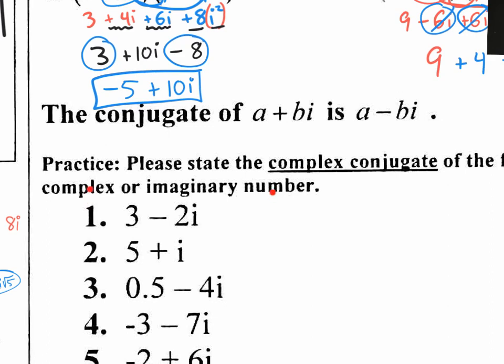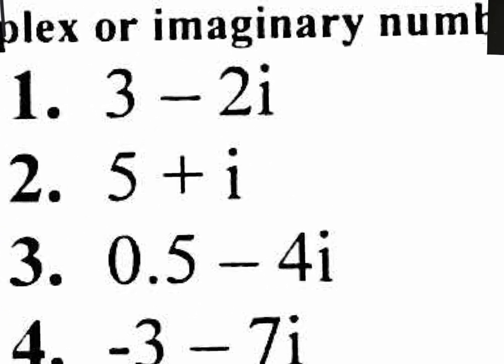So let's first practice stating the complex conjugate. Again, the complex conjugate is not changing all of the signs. It's only changing the sign of the imaginary, right? So if I told you, write the complex conjugate of 3 minus 2i, what would the complex conjugate be? 3 plus 2i.